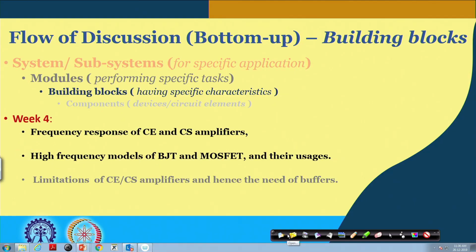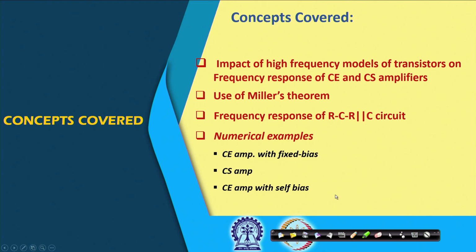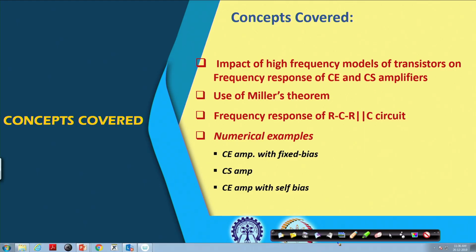So, the concepts we are planning to cover today are the following. First of all, we would like to highlight the impact of the high frequency response on the frequency response of CE and CS amplifiers.